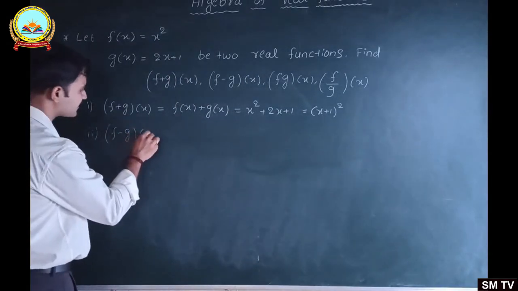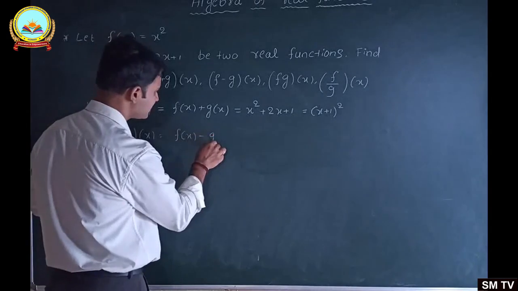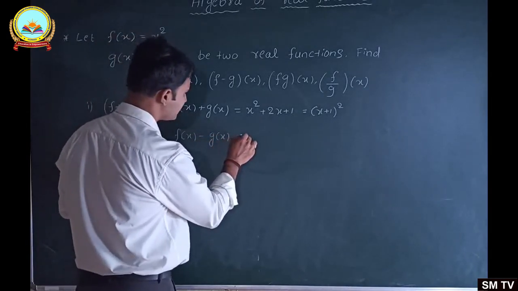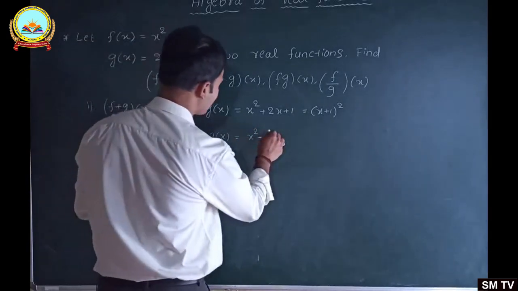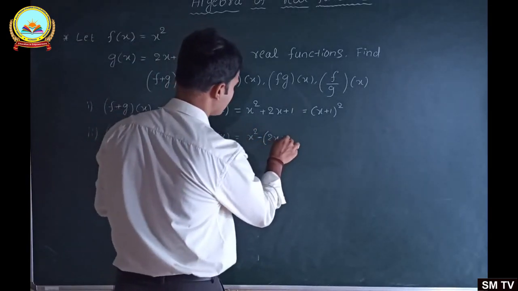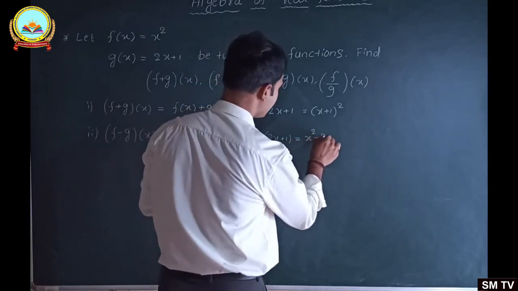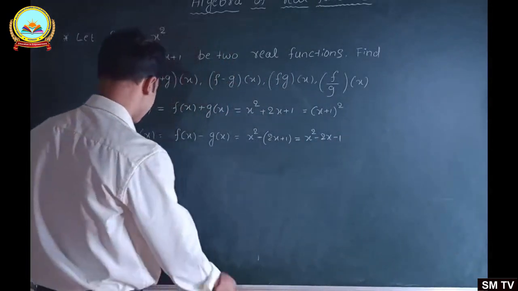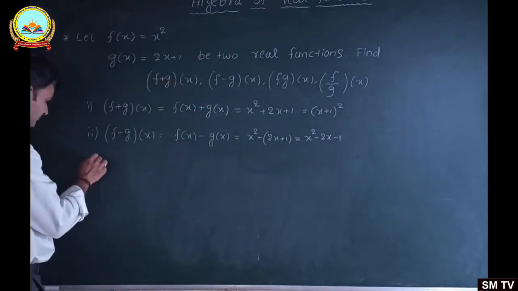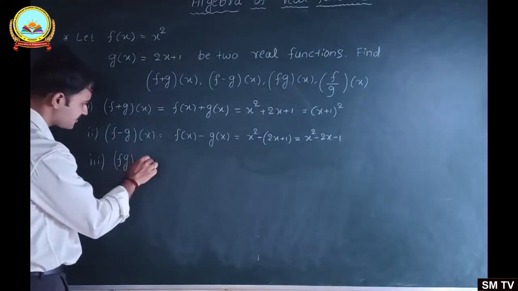Next, similarly, the second one, f minus g of x is equal to f of x minus g of x, which is equal to x square minus of 2x plus 1, or you can write it as x square minus 2x minus 1.